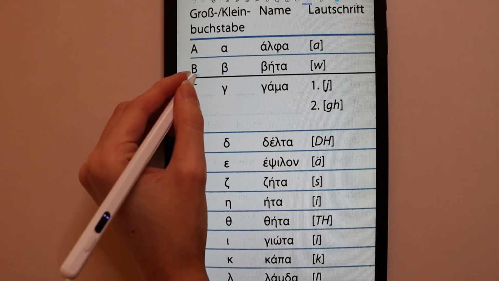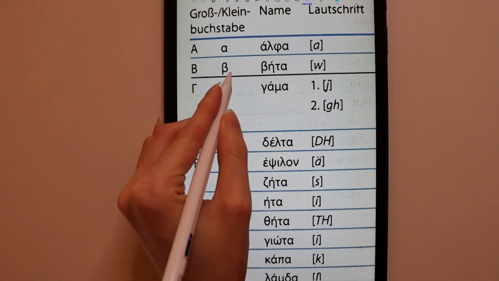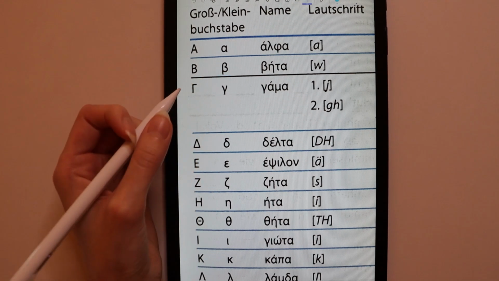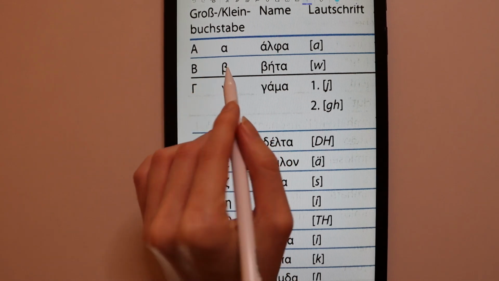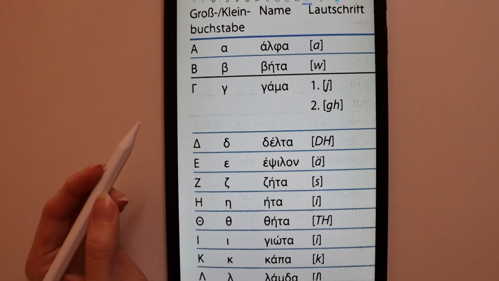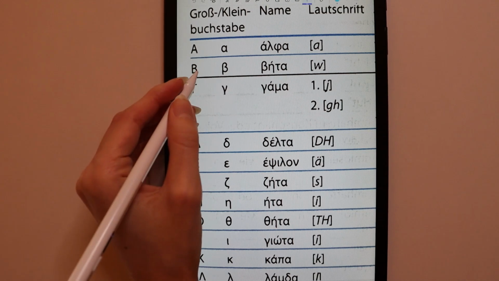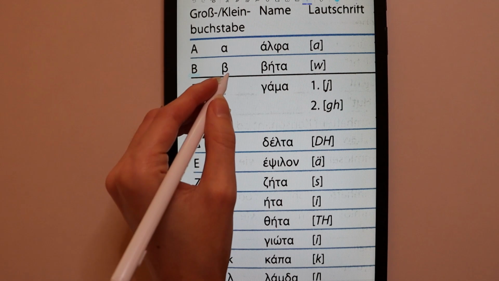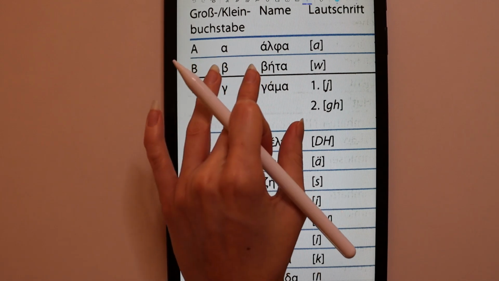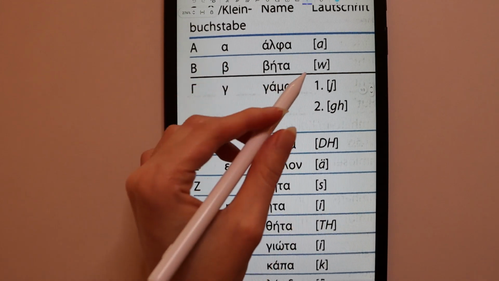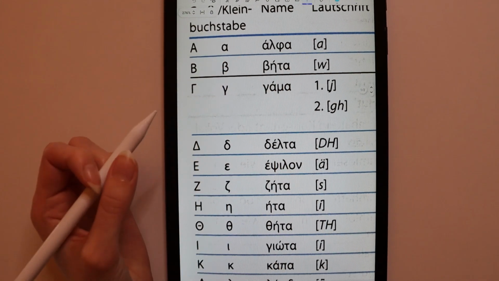Now we have Vita, and it looks like a B, and the lowercase Vita looks actually like a letter in German, like the SZ. But it looks like a B, it's Vita, but it's pronounced like a V in English.